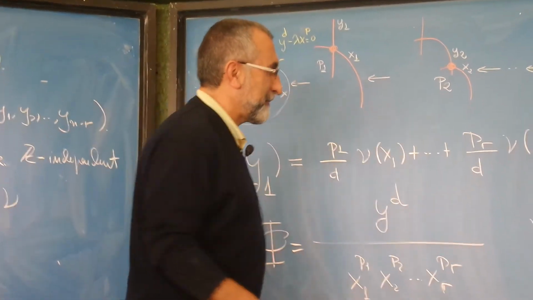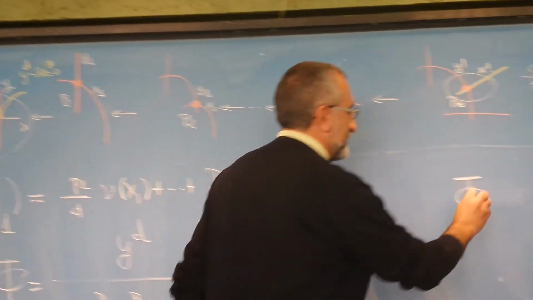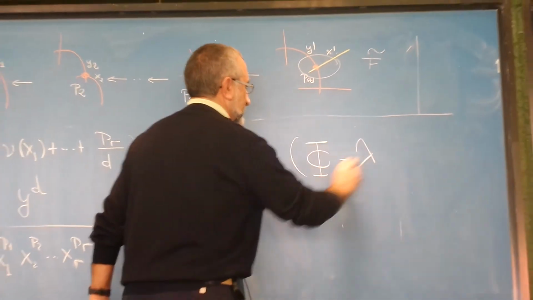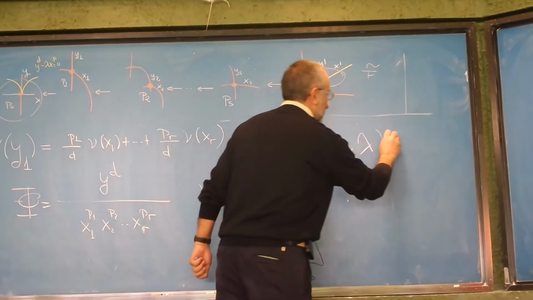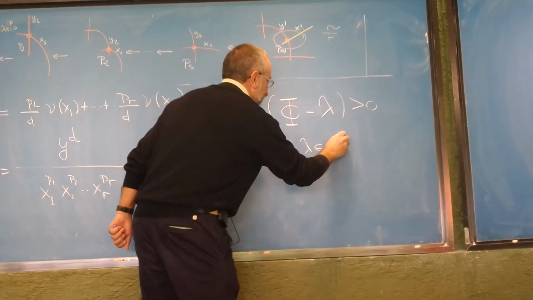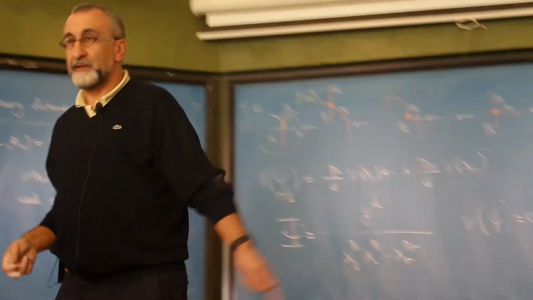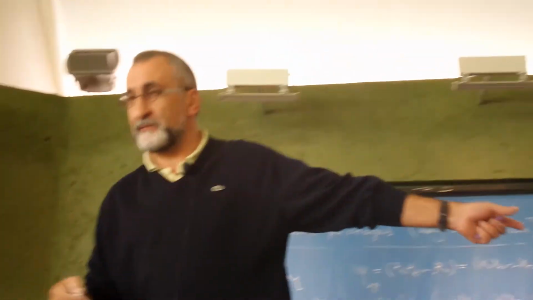So we have this, and now because of our assumptions, we can find a unique coefficient in the ground field such that we have positive value.